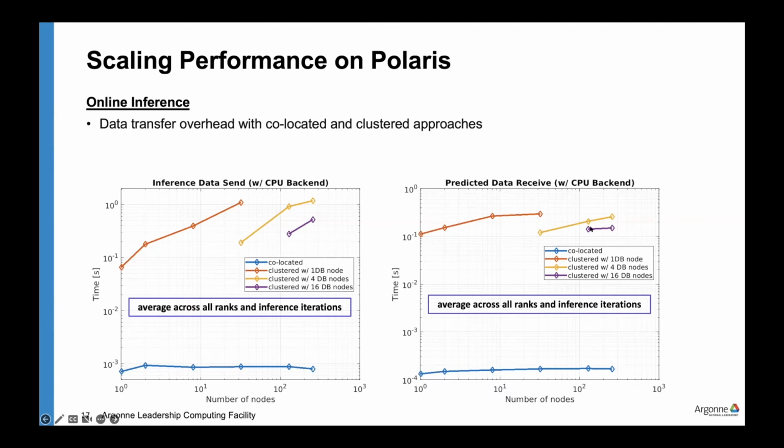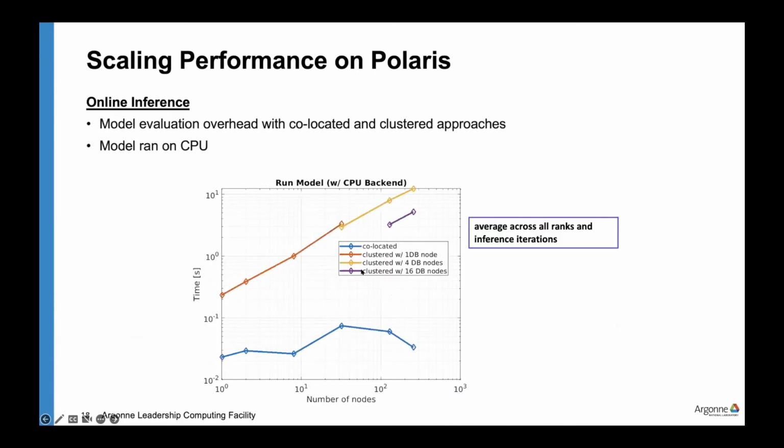In the case of receiving data, as our database size increases, from 1 to 16 in this case, the cost of retrieving data becomes almost flat with the number of simulation nodes. But on the sending side, which is a little less efficient, we still see an increase with this sort of linear slope.